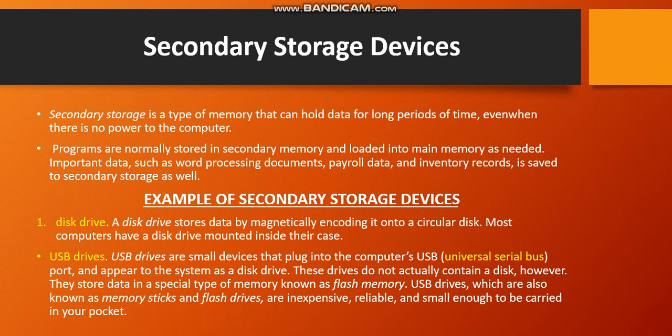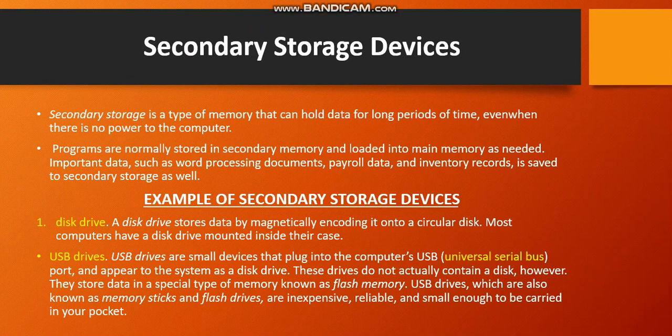Programs are normally stored in secondary memory and loaded into main memory as needed. Important data such as word processing documents, payroll data, and inventory records is saved to the secondary storage area. In simple terms, it holds data for a long period of time.